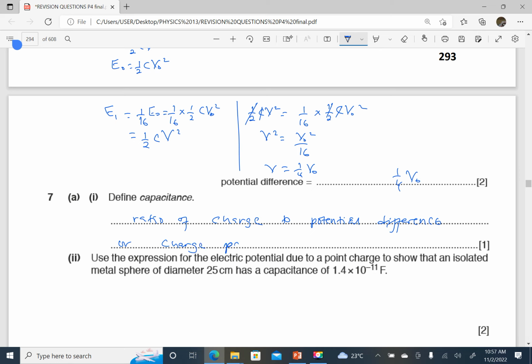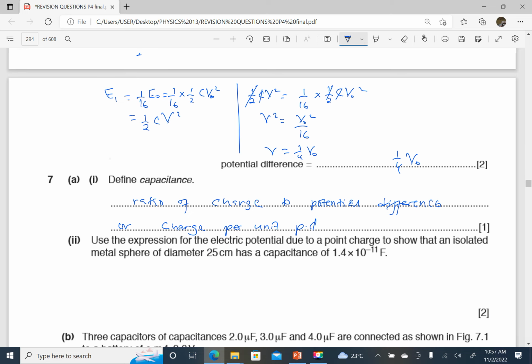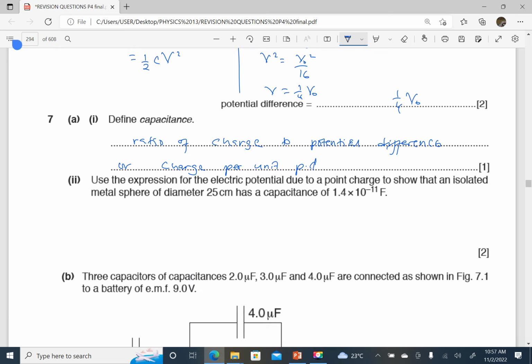Charge per unit potential difference, that is capacitance. That is general capacitance, not necessarily a parallel plate capacitance or capacitance of a parallel plate capacitor.